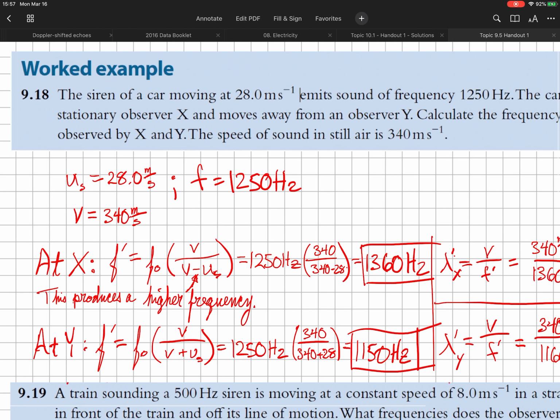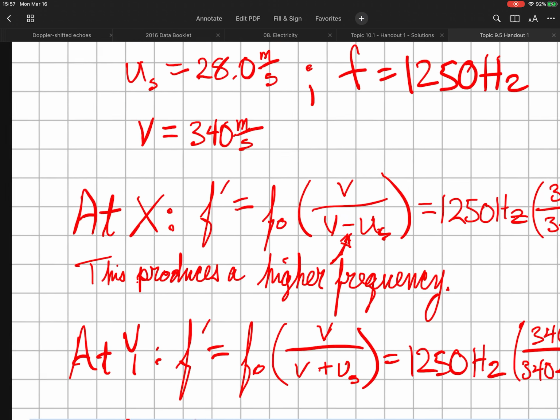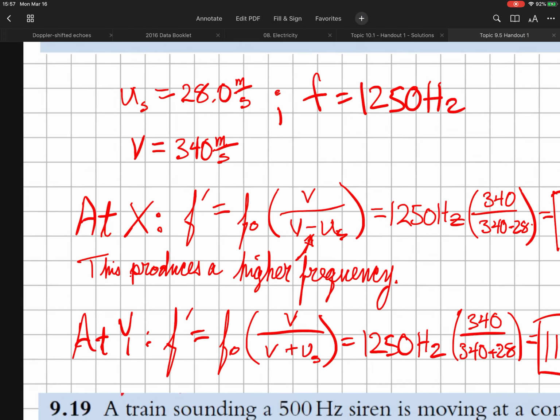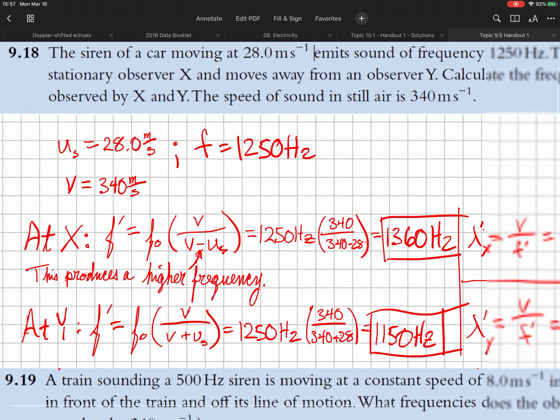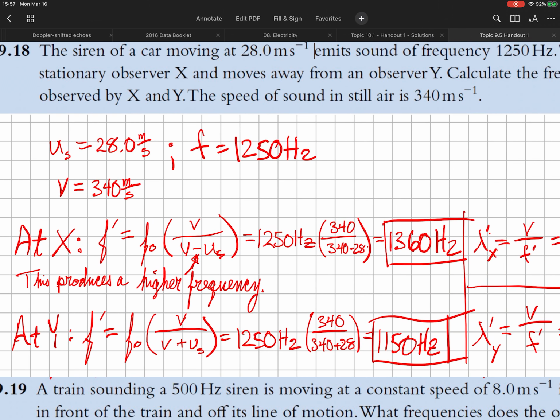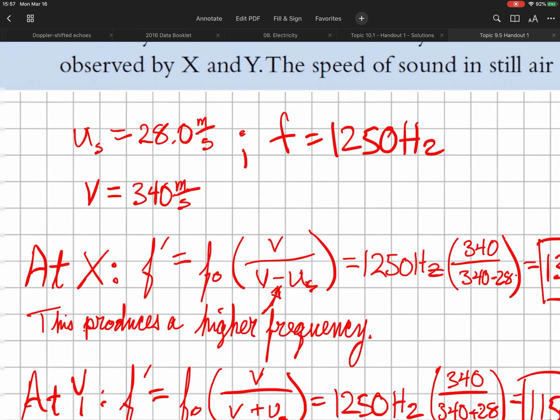Okay, so we need to decide which equations we should use. So we have a moving source, which means that when you go to your data booklet, you will use the moving source equation. And I've shown both of those here, okay?